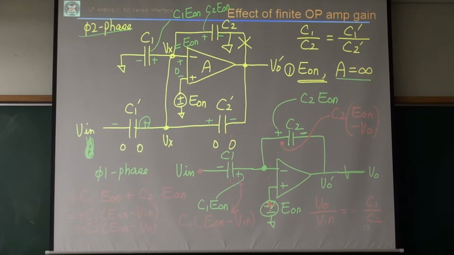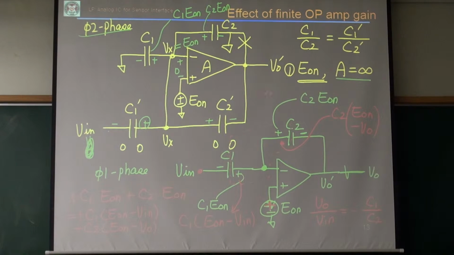So it's independent of Eon, right? So I can compensate for input offset voltage. Question? No? Yeah, let's move on to the gain error.